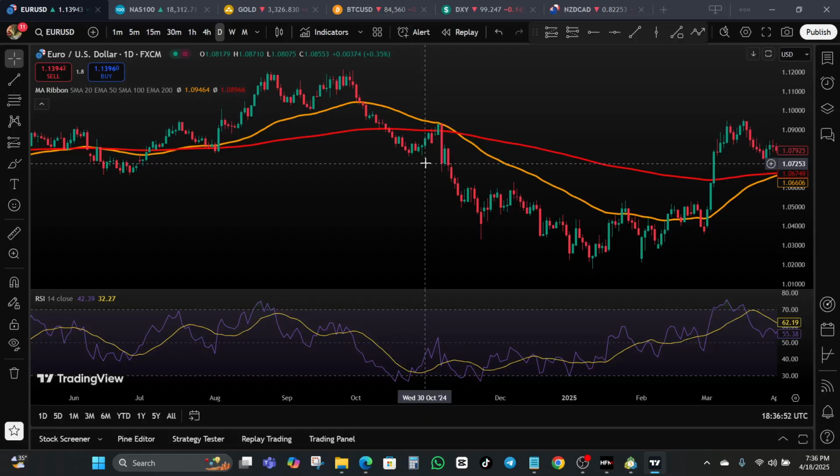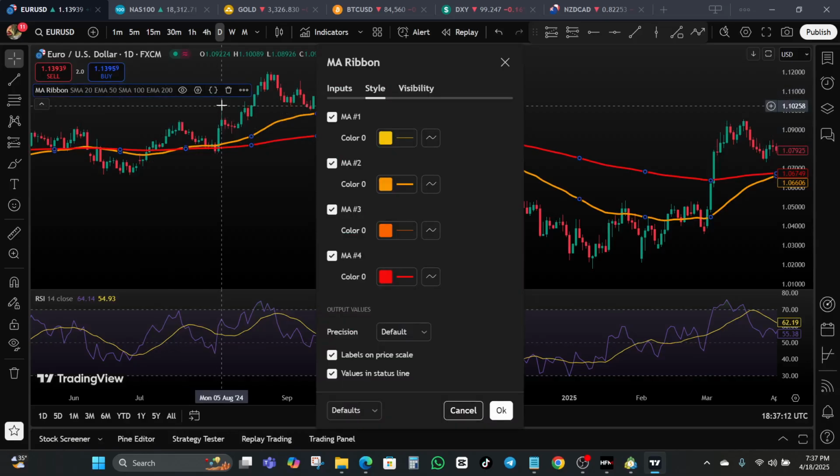Now, indicators become more powerful when tailored to your style. If you are scalping lower time frames, you can go with shorter moving averages or a more sensitive RSI. For swing trading, you can increase your periods for smoother signals.